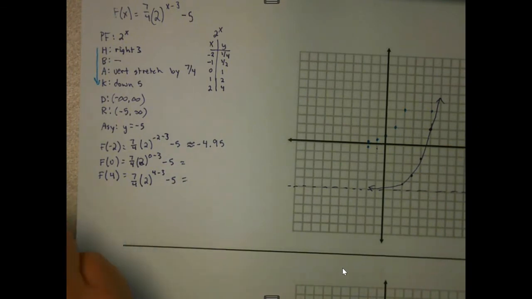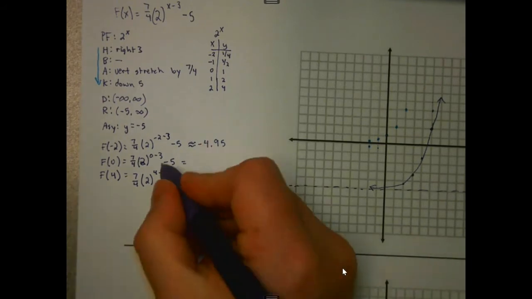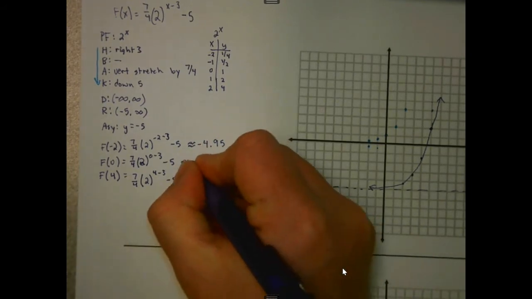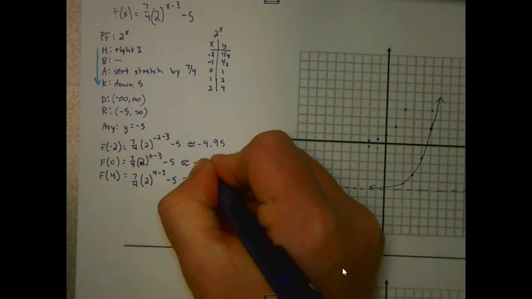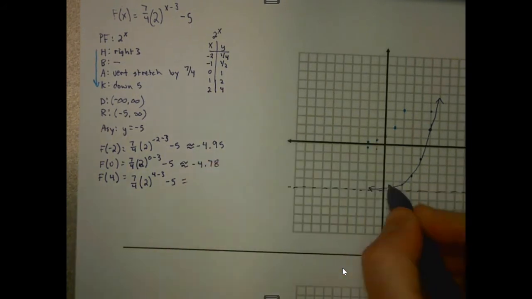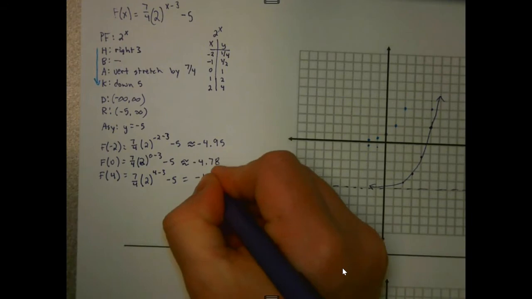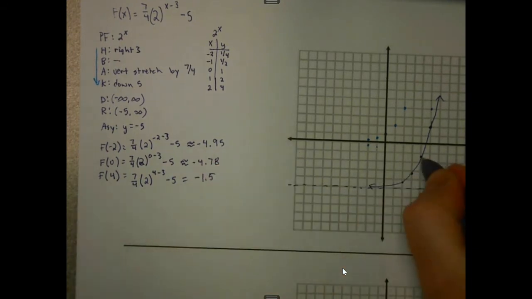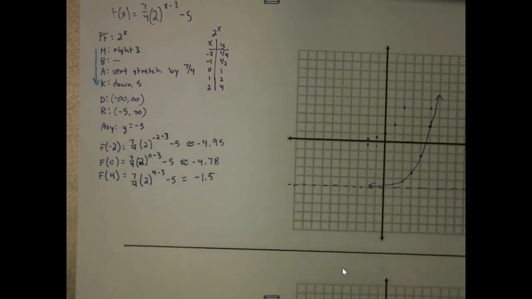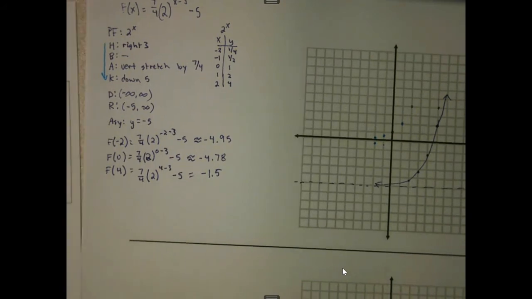And then this would be 0 minus 3, which is about negative 4.78. So 4.78, that's about where we ended up. And then plugging in 4 is negative 1.5, which is what we kind of said there as well. Okay, so we found those 3 points.